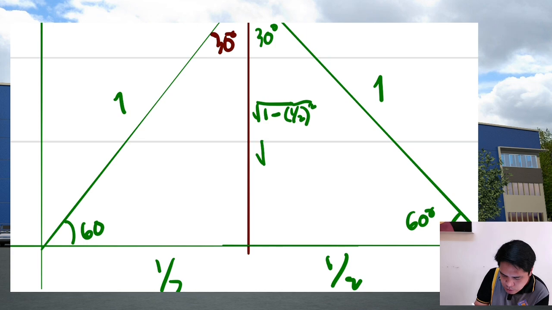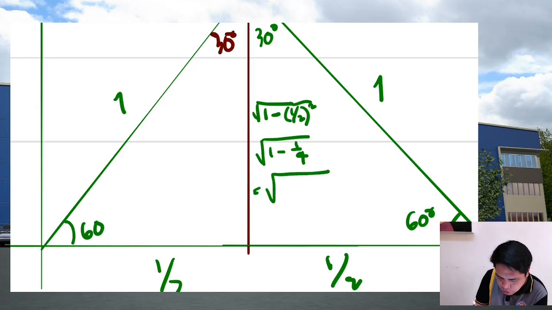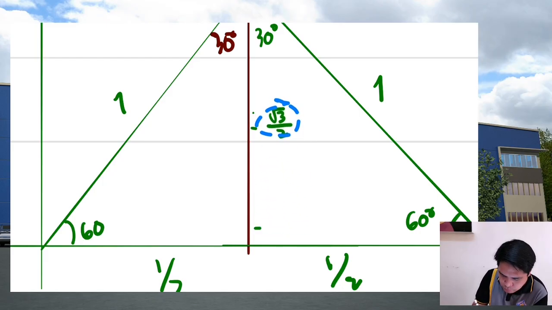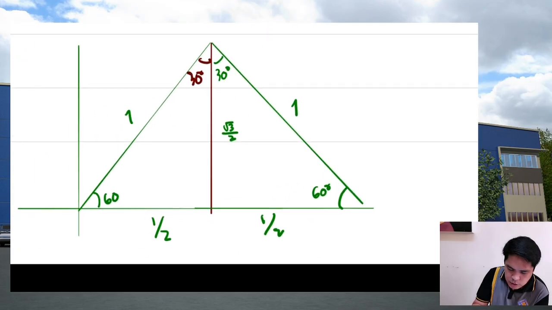So that would be square root of 1 minus 1/4. So that would become square root of 4 minus 1 over 4. So the answer is square root of 3 over 2. This is the value of this side.